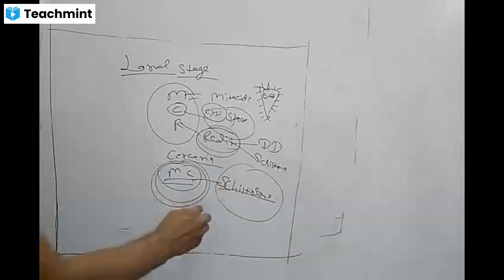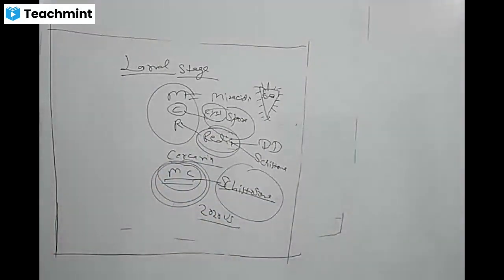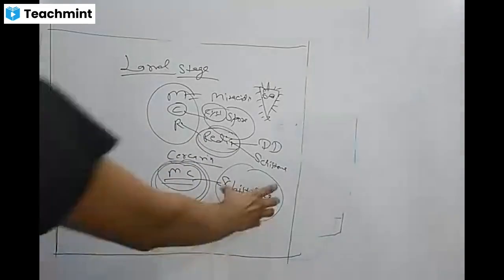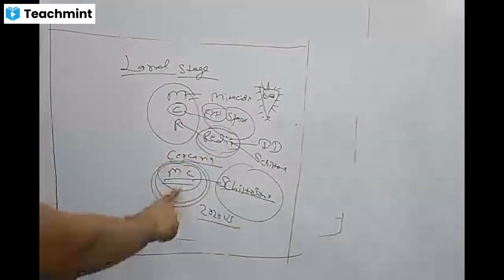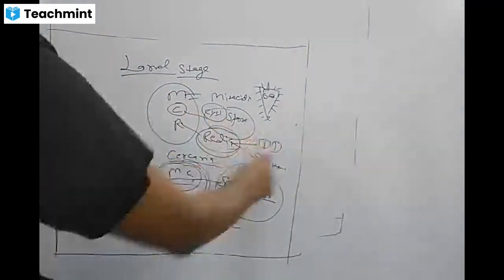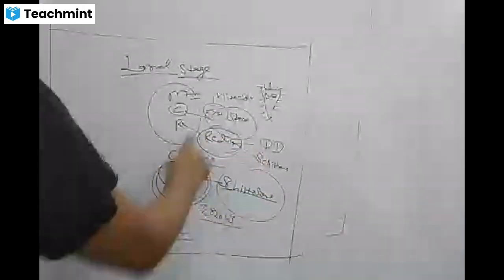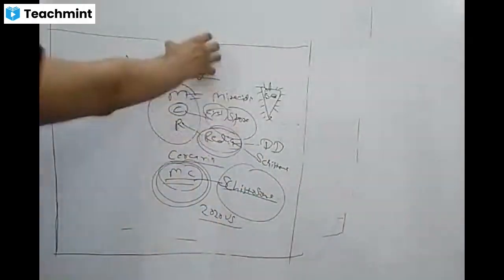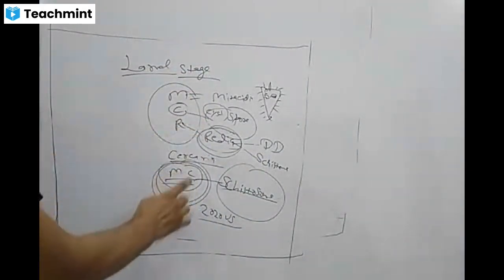This was the MCQ in the 2020 veterinary science exam: in the life cycle of Schistosome, which two stages are absent? One is redia, one is metacercaria. The next question could be that in Dicrocoelium dendriticum, redia is absent. So these are the larval stages: MCR, Cercaria, Metacercaria.